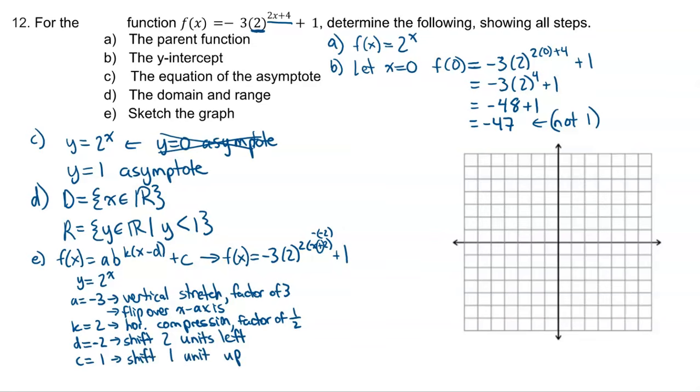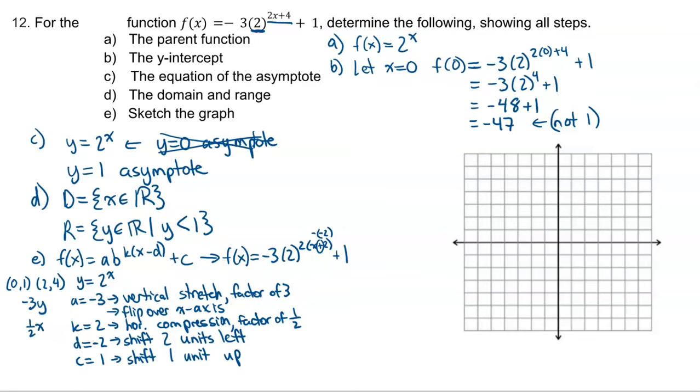So what you could do is you could take a couple of points. For example, we could take the point 0, 1. That's the point, always the case for any exponential function that hasn't been transformed. And 2, 4. Those are 2 points that are on that original graph of y equals 2 to the power of x. You could then take the y values and multiply them by negative 3, because that's what the a value is doing.